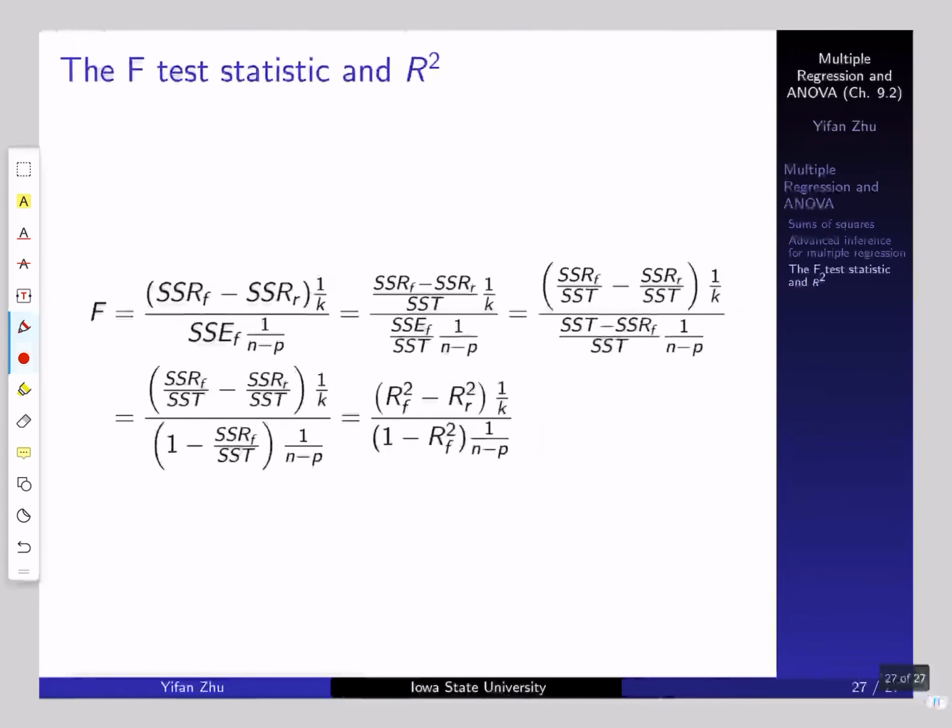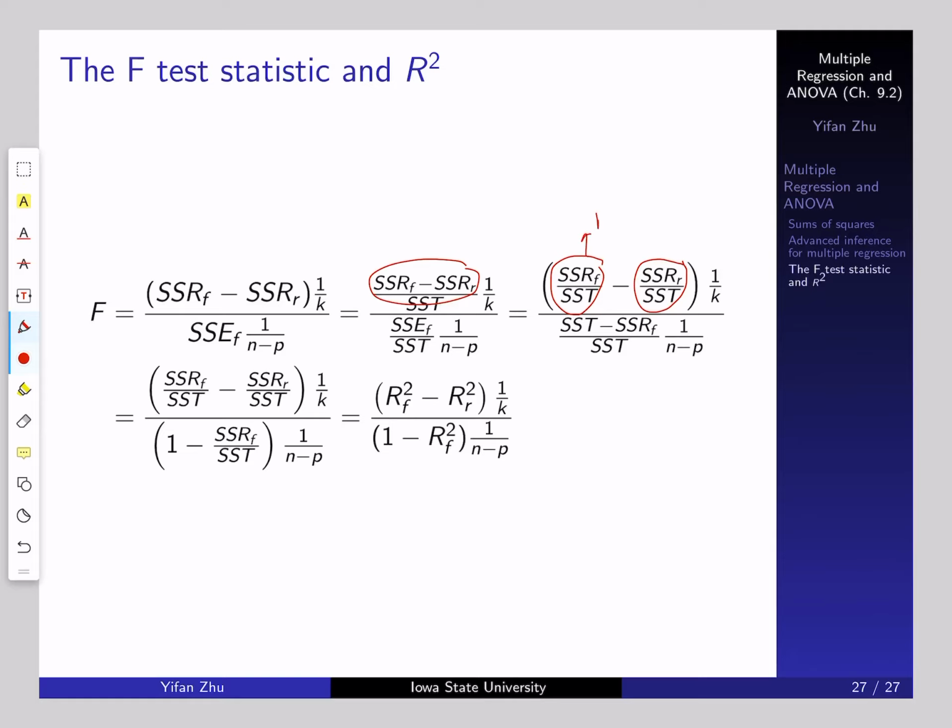So the derivation is like this. Again, we are dividing both the denominator and the numerator with SST. Then, because the SST is the same for the full model and the reduced model, we have SSR_F over SST minus SSR_R over SST.